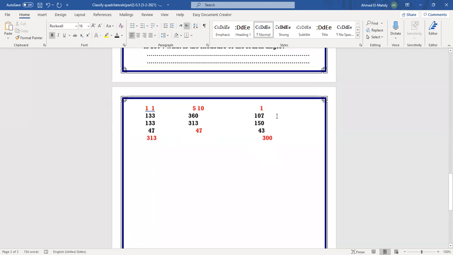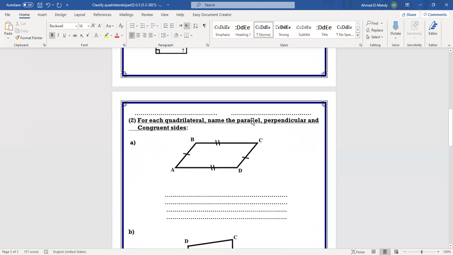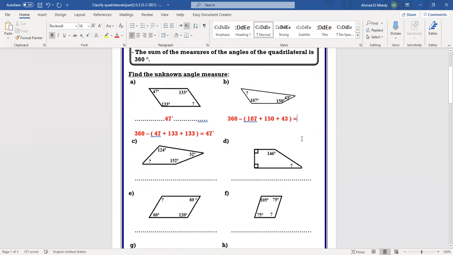And now subtract 360 minus 300. It will be 60. The difference will be 60 here. Then the measure of the unknown angle is 60 degrees.